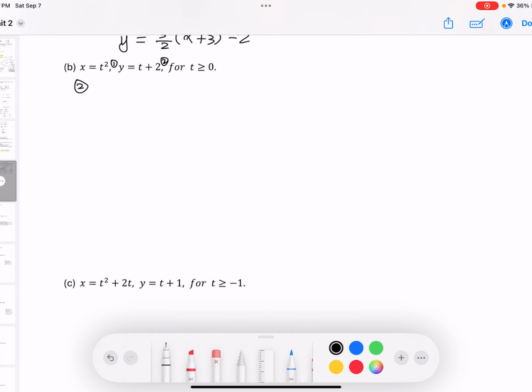You can also start from the 1. We have the same expression. From the 2, y is equal to t plus 2. So t is y minus 2. Bring it to the first equation. X is equal to (y minus 2) squared.